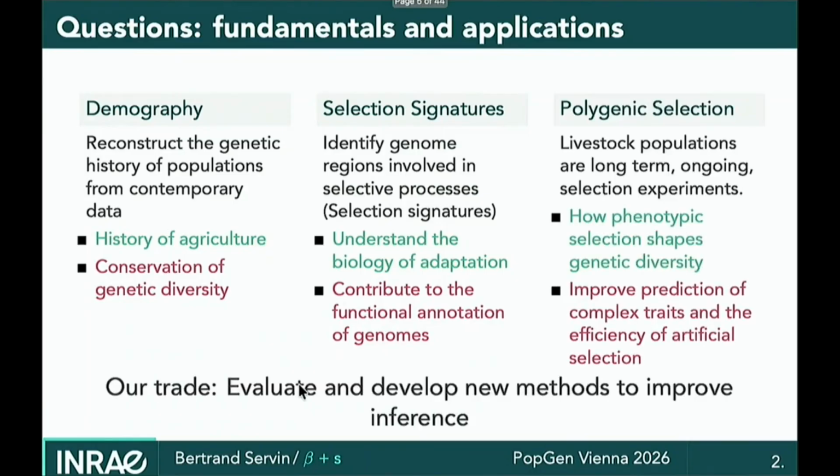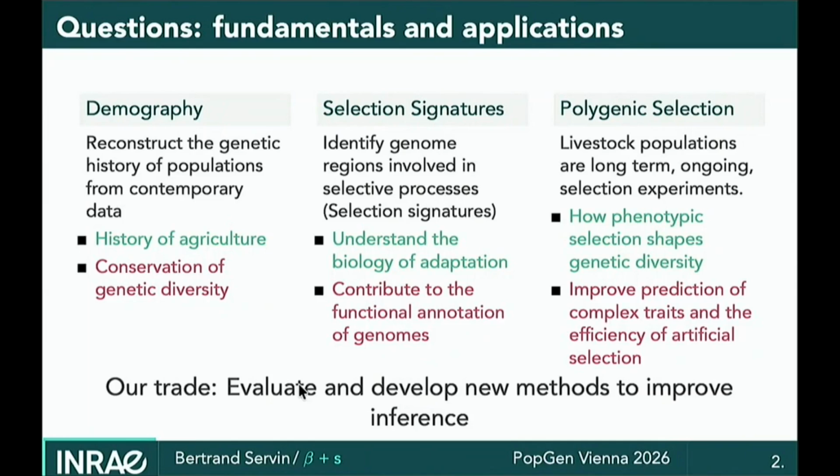More recently, we've been working on polygenic selection. Livestock populations, at least those that are genetically managed and selected, we can think of as long-term ongoing artificial selection experiments for years and years.